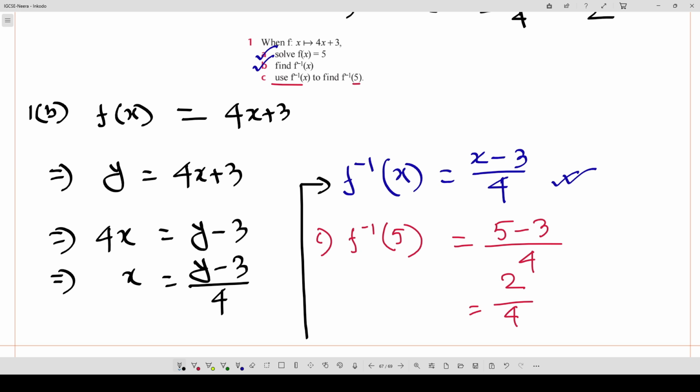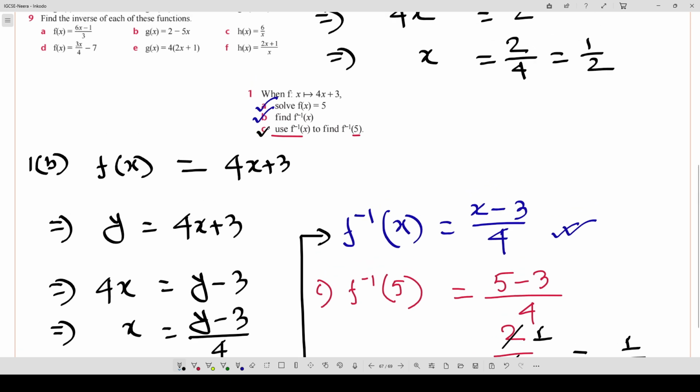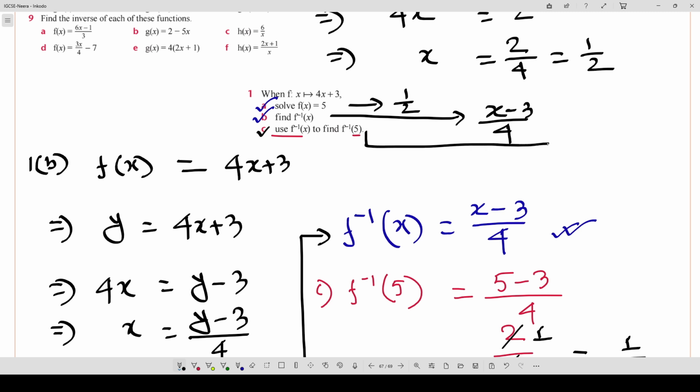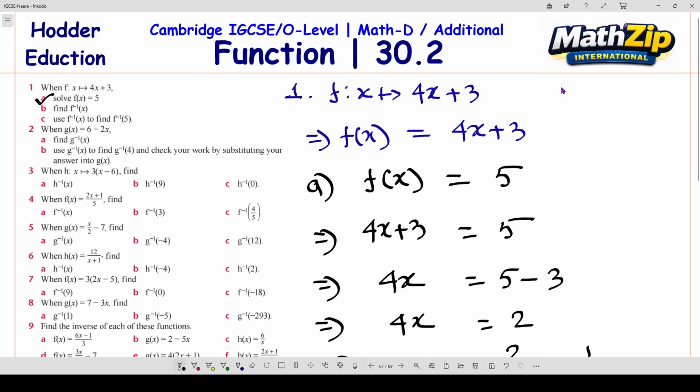We can divide this fraction by 2, so here is a 1 and here is a 2. Our answer is 1 by 2. So finally A equals 1 by 2, B equals x minus 3 by 4, and C equals 1 by 2. This is our answer. So question 1 is done.